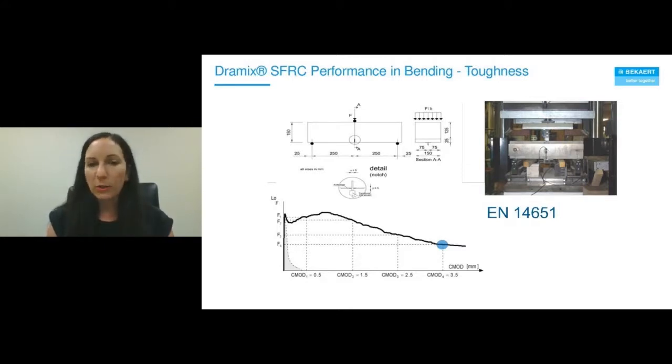And those all correspond to a specific load. From that, you can determine stress values, the FR1, 2, 3, and 4 that correspond to that. And so it's very important that you use those types of performance metrics to characterize how that SFRC is performing when it comes to post-crack flexural and toughness and so on.